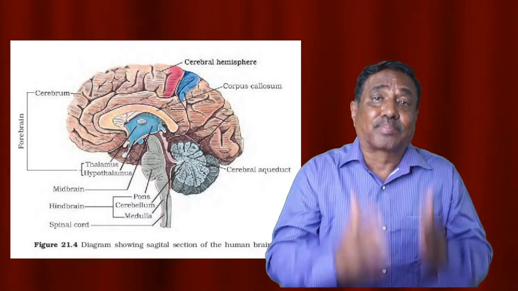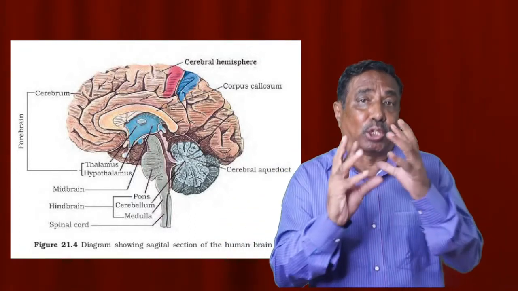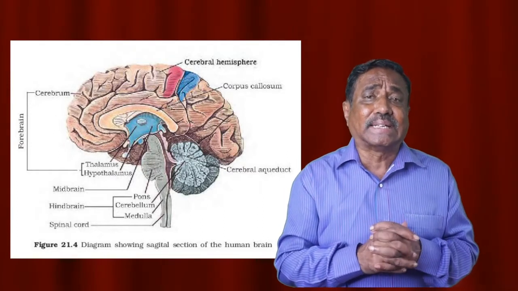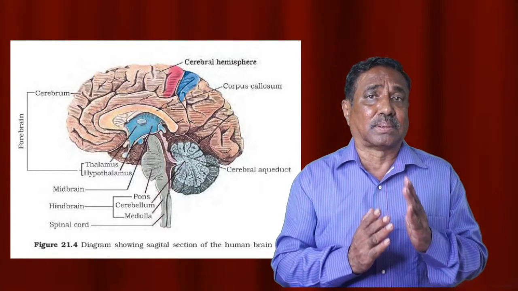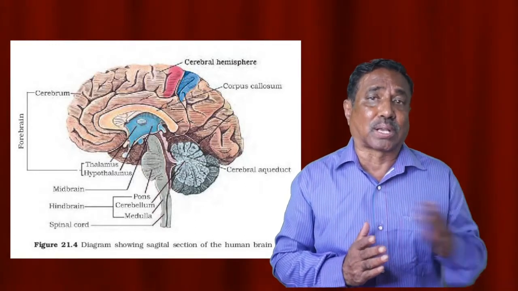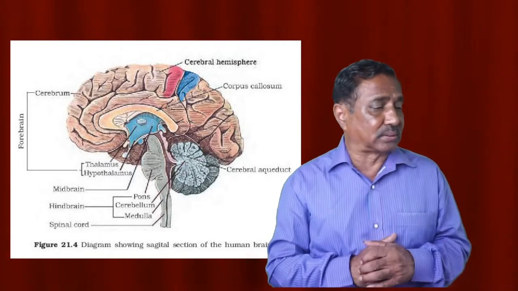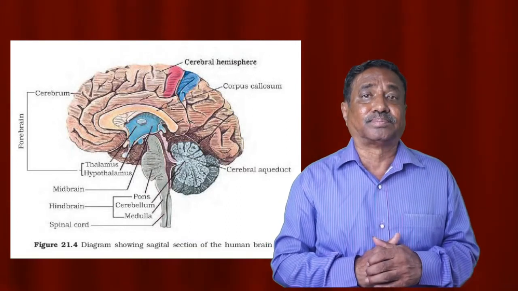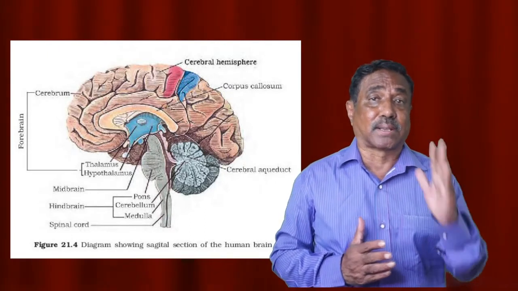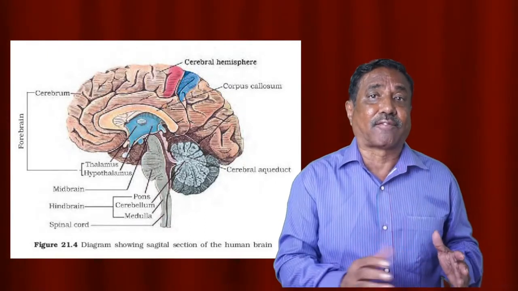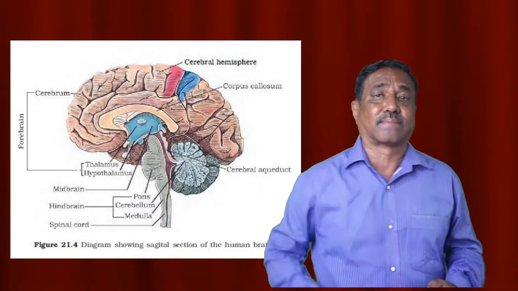And the brain is composed of many neurons. The cortex portion consists of the cell bodies of neurons.